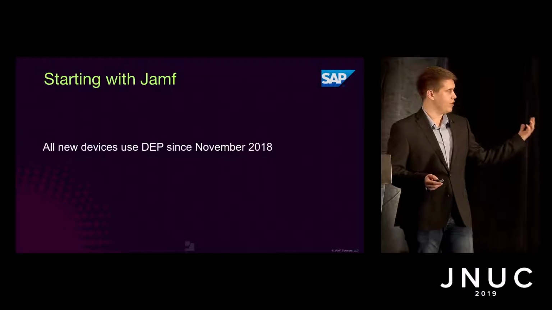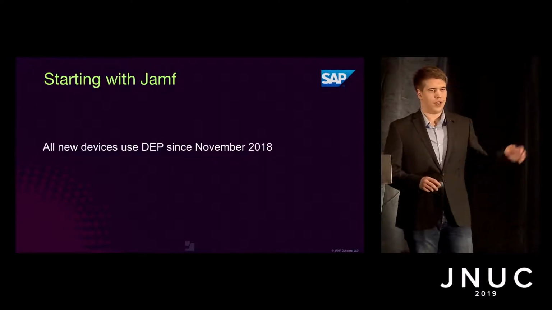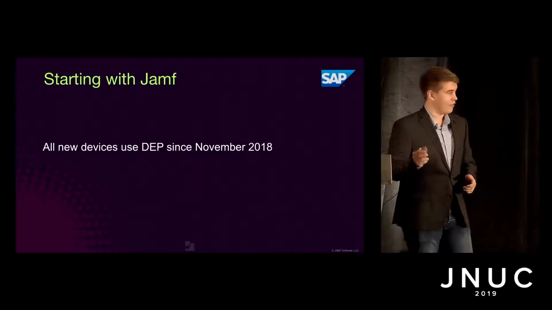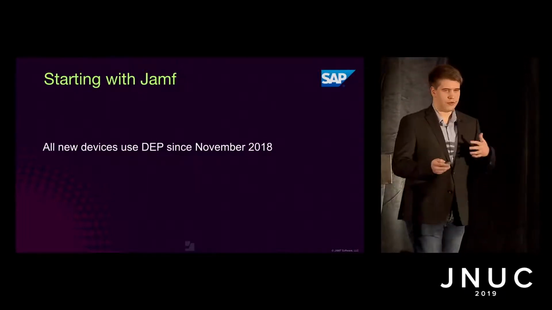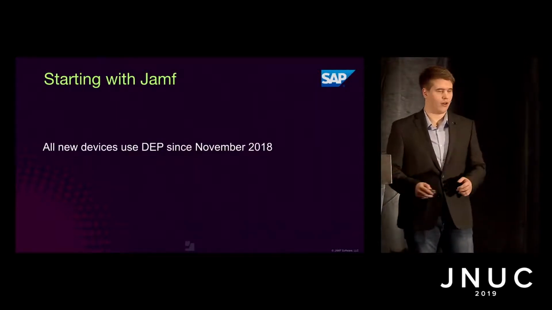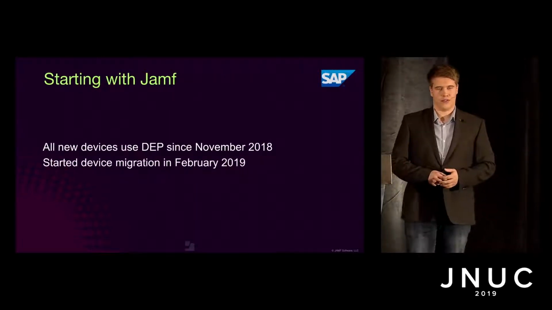They might have known the old MDM solution because of an older device, but they wouldn't have to do the migration whatsoever. After that, we took our time to develop this migration tool just to make that really work flawlessly. And we started the device migration in February 2019.